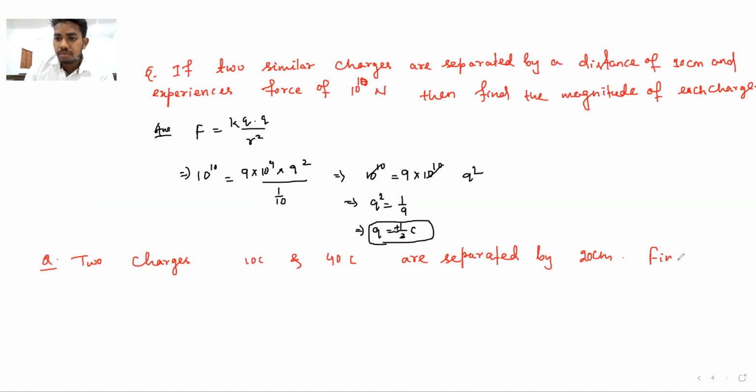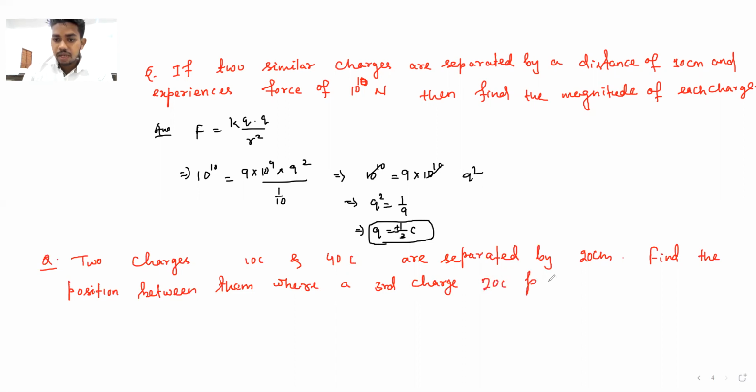Find the position between them where a third charge, 20 Coulomb, is placed in equilibrium. The third charge will be placed and it will be in equilibrium.